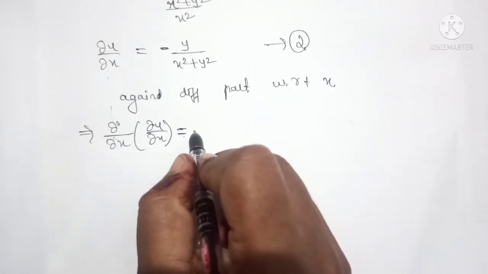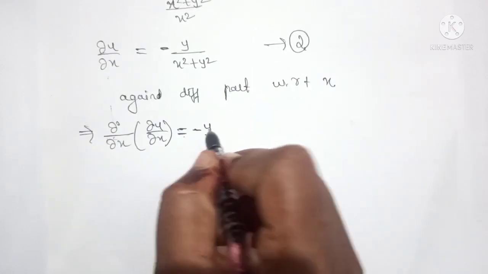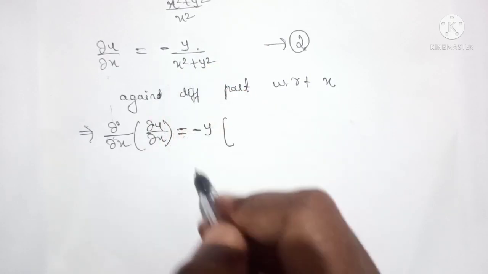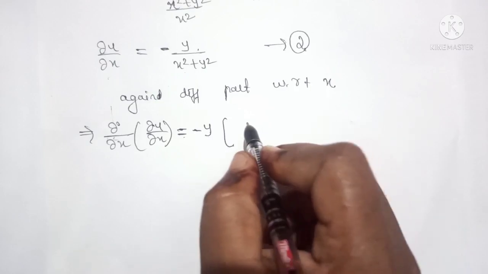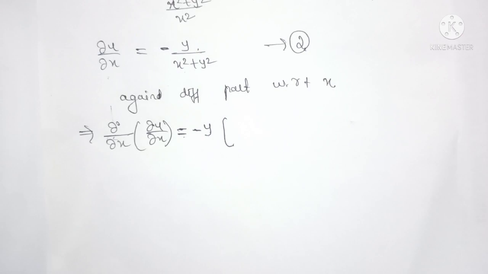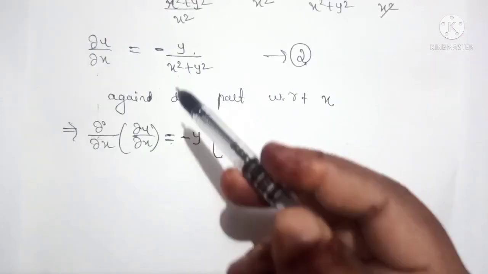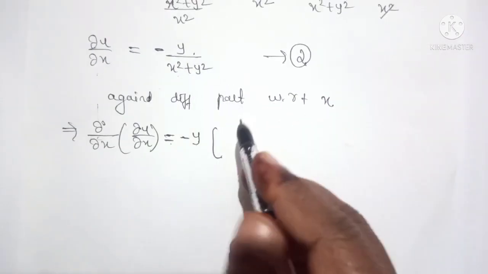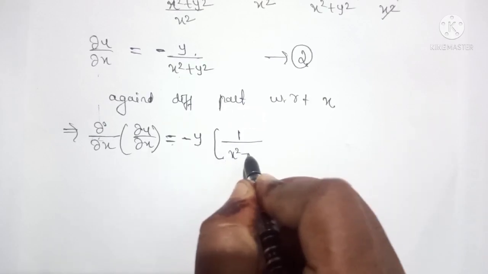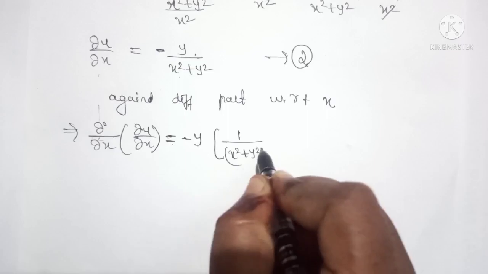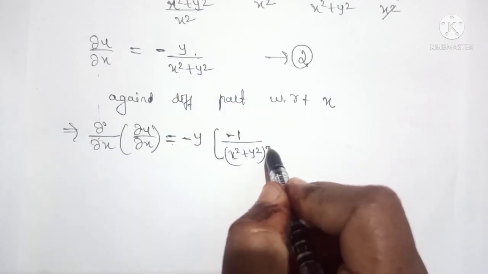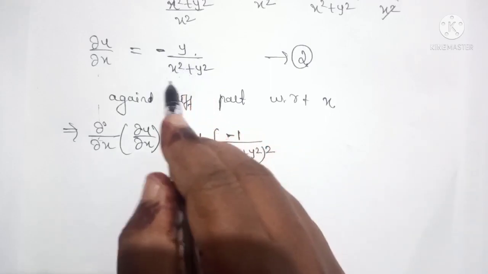That is, minus y being constant, it can be taken outside. We write 1 divided by x square plus y square, differentiation. Since it is in the 1 by x form, it is 1 by x square plus y square whole square. 1 by x differentiation is minus 1 by x square, so in the place of x we have x square plus y square.